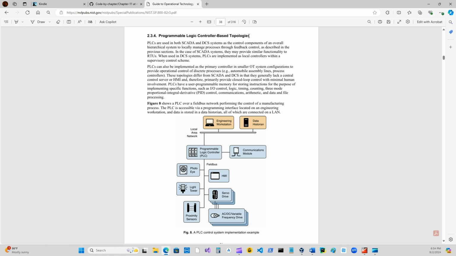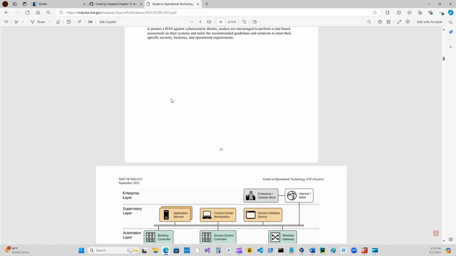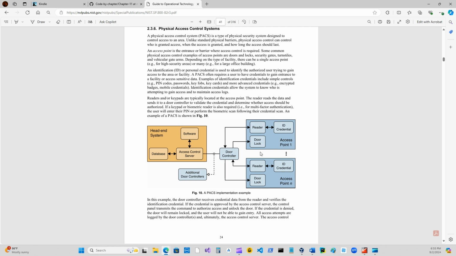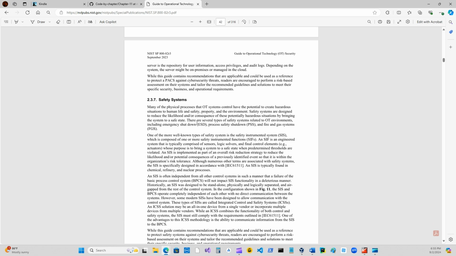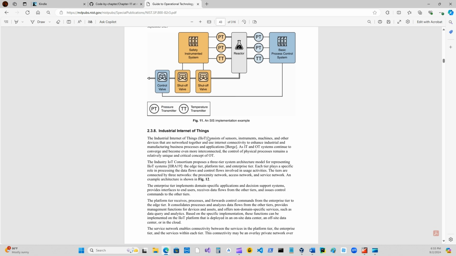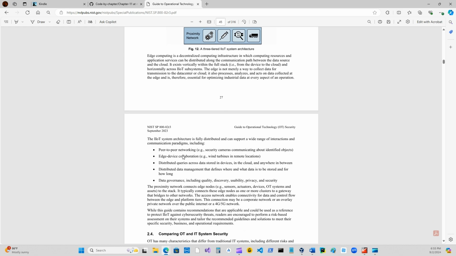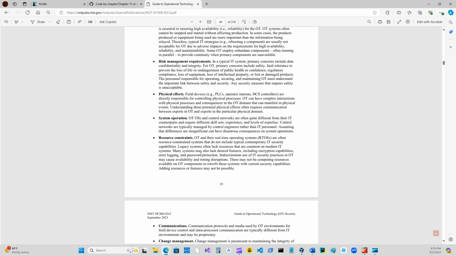I've seen a bunch of positions for OT cybersecurity people now, and I love it. I think it's fascinating, right? Because these are the systems that, like I said, I've been around my whole professional life after college, and this is a guideline on how to protect them, right?